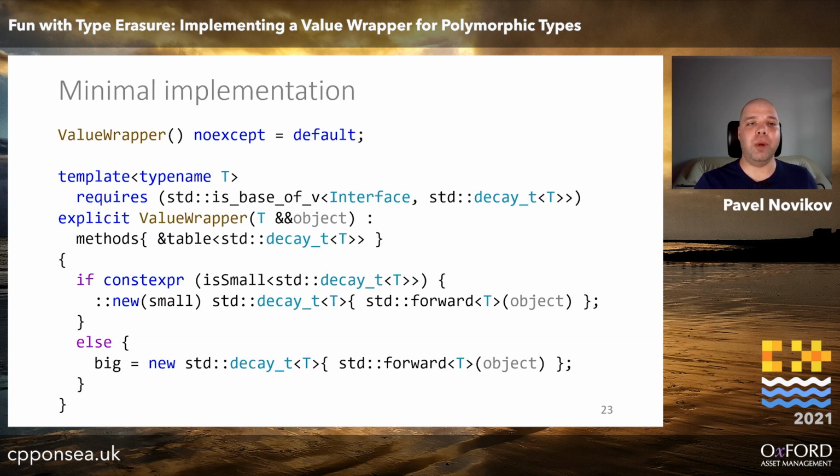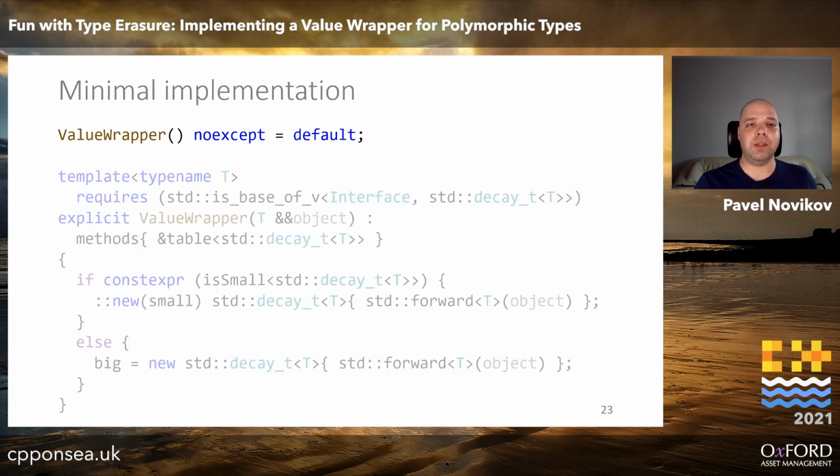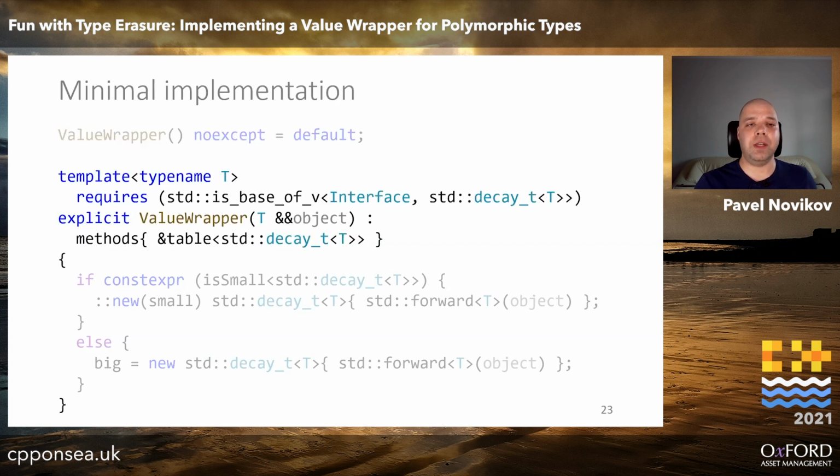Now we go back to the public interface, and we have the default constructor defaulted, which constructs an empty wrapper that doesn't contain any value. The next is the constructor that acquires a copy of the object that we give to it.